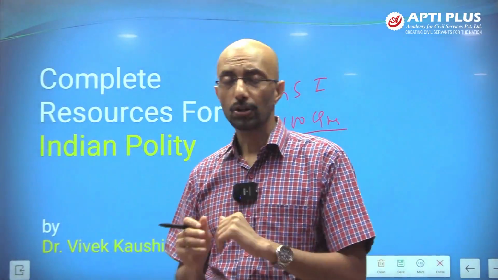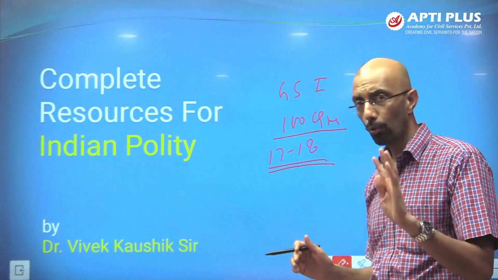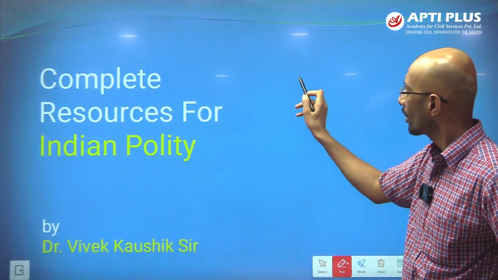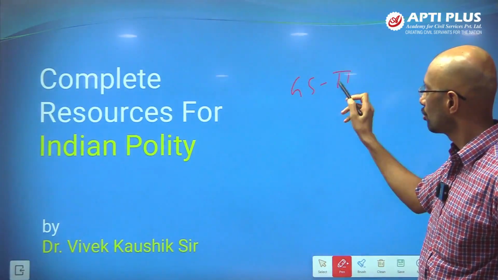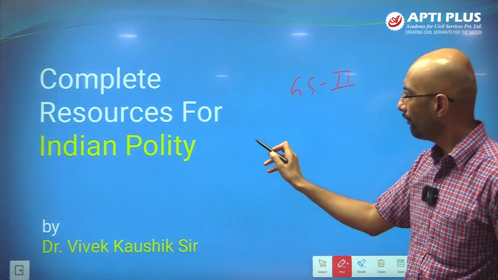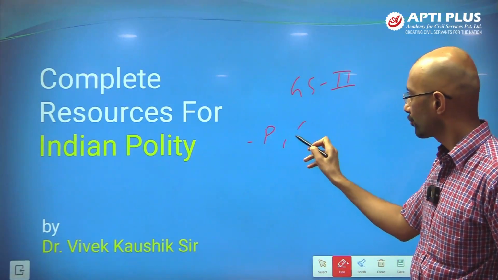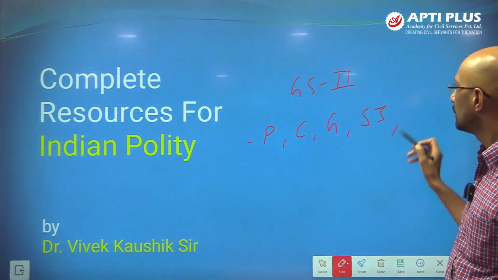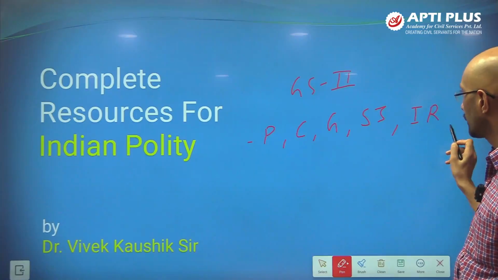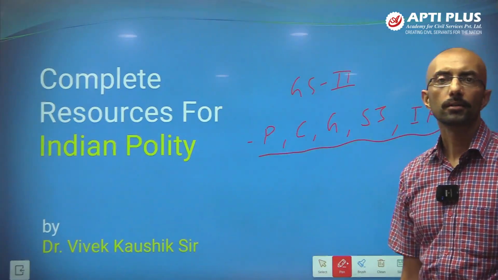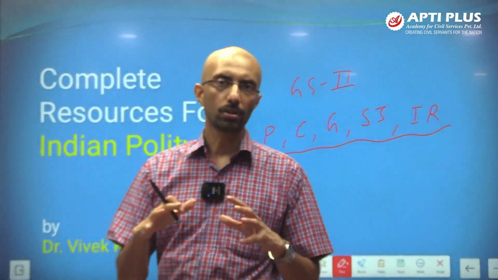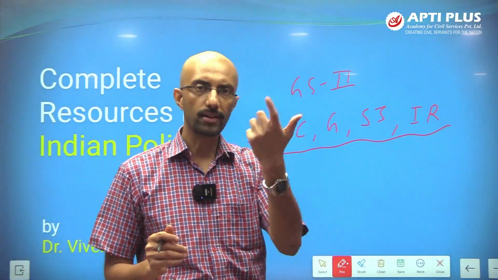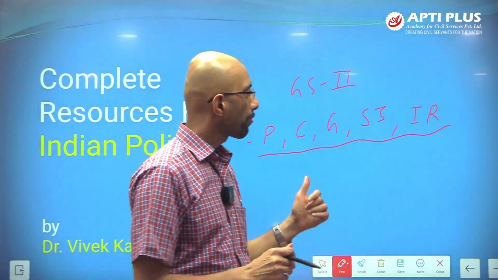In the main examination, there are 4 papers of general studies, in which general studies paper 2 consists of polity, constitution, governance, social justice, and international relations. These are the broad themes of GS paper 2. The detailed syllabus you can always go and check.